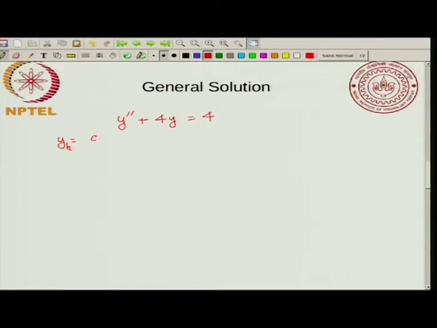So I can write it as C1 cos 2x plus C2 sin 2x. So this is my y h. It has two arbitrary constants.